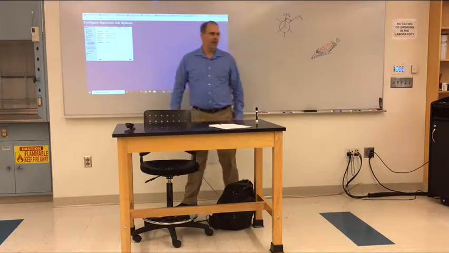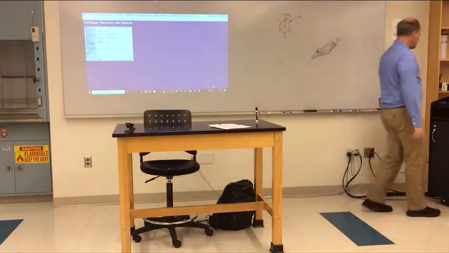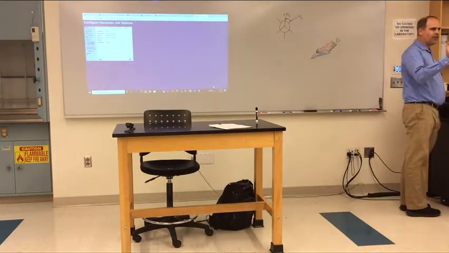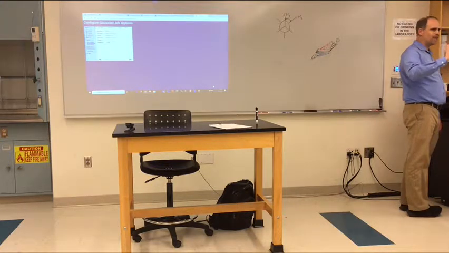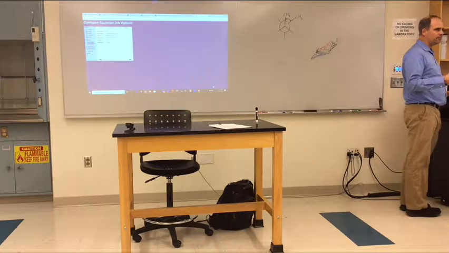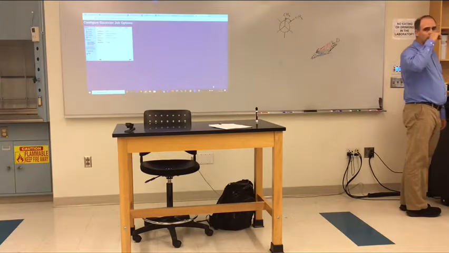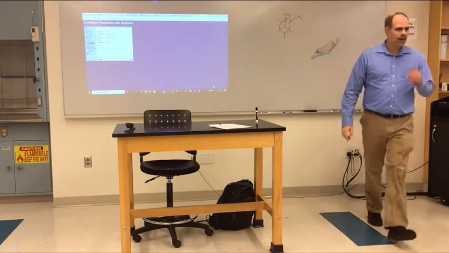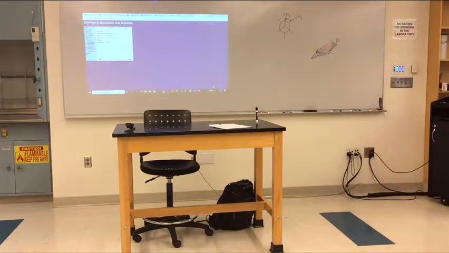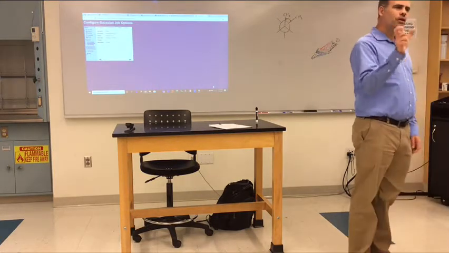For the job name, to keep it so that we can easily find yours, why don't we start with your initials, then a dash, and then the chemical formula. Or well, the chemical formula for all the ones you're going to be doing in lab is the same. So why don't we do your initials, dash, and then some form of a shortened version of the name.